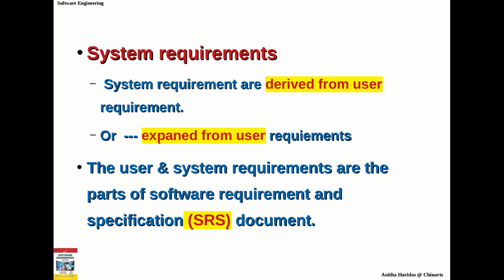I can sit at my home and work for the institution using the web application. If this is the case, your system needs a web server to be installed. Then the web server has to be purchased and configured, and you call it a system requirement, right? So that is how the functional and non-functional requirements can again be categorized as user requirements and system requirements.